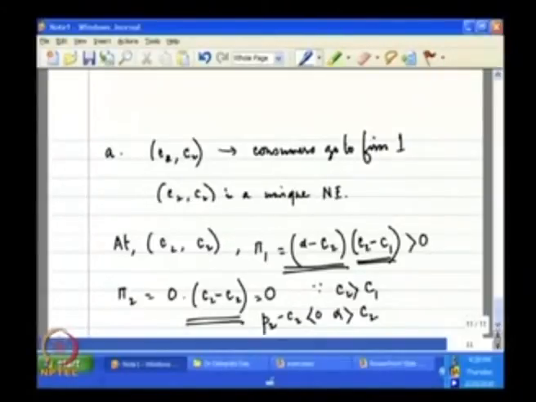If it charges a price more than C2, can that be a Nash equilibrium? Can that be something which is more than 0? The answer is no, because if it charges more than C2, then C2 is the lowest price in the market, so it is not going to get any customers. So, from the point of view of both the firms, deviation is not profitable, and so the firms are going to stay at Nash equilibrium.